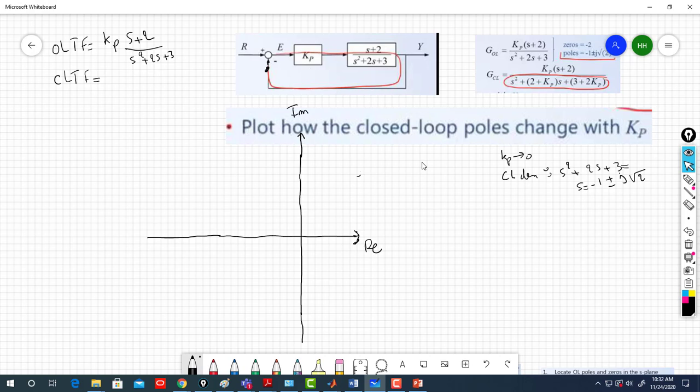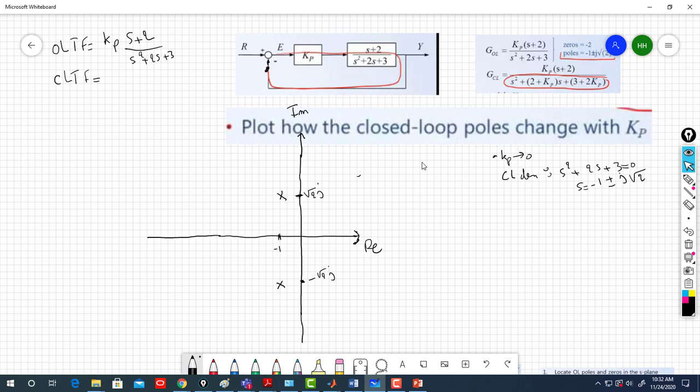If I want to find the poles of this denominator, so minus 1, so assuming this is my minus 1, and this is square root of 2, and this is maybe symmetric to it, minus square root of 2, then those are my two poles when Kp equals 0. So now I draw my first 2 points of my root locus at Kp equals 0.